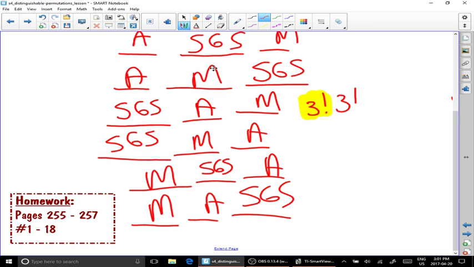So to figure out the number of ways of arranging all 5 dogs, given that Sam, Sophie, and Gracie are all together, is 3 factorial times 3 factorial. And since 3 factorial is 6, it's 6 times 6. So therefore, there's 36 ways of arranging Sam, Sophie, and Gracie with Abby and Mika, given that the 3 dogs have to be together. Okay?